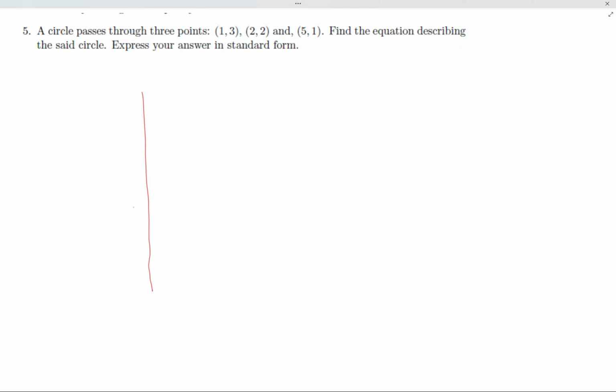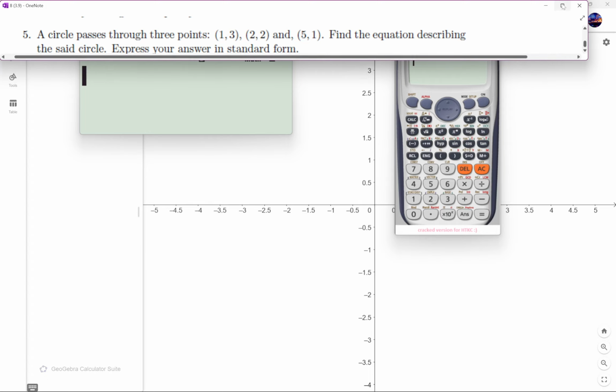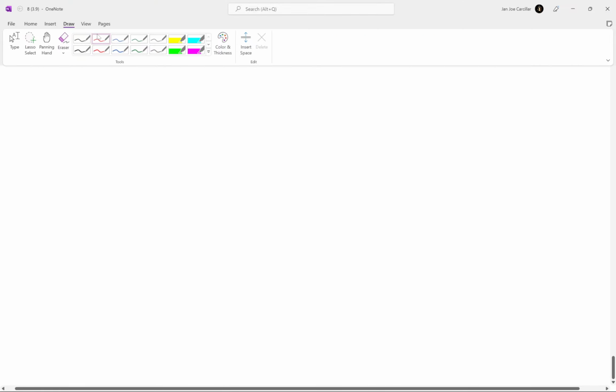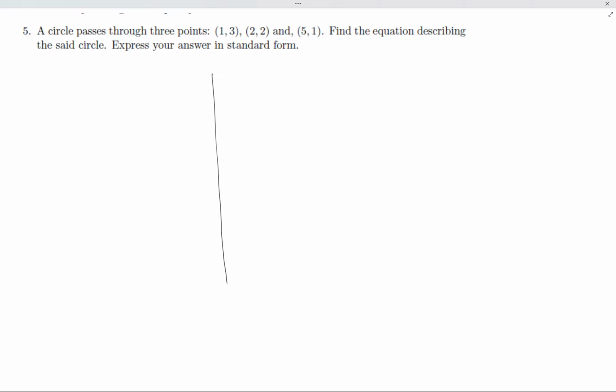Okay, so again, we start with graphing the known values right here. So the only known values right there are the 3 points on your circle. We have here 1, 3, 2, 2, and 5, 1. So in order to do that, let me create first the xy plane. Okay, so we have this xy plane right here. And we have 1, 3, so let's graph that. 1, 2, 3, I have up to 5, so I'm just going to graph ahead of there. 1, 2, 3, 4, 5, and have the highest value of 3, so I'm just going to go to 3. 1, 2, and 3.